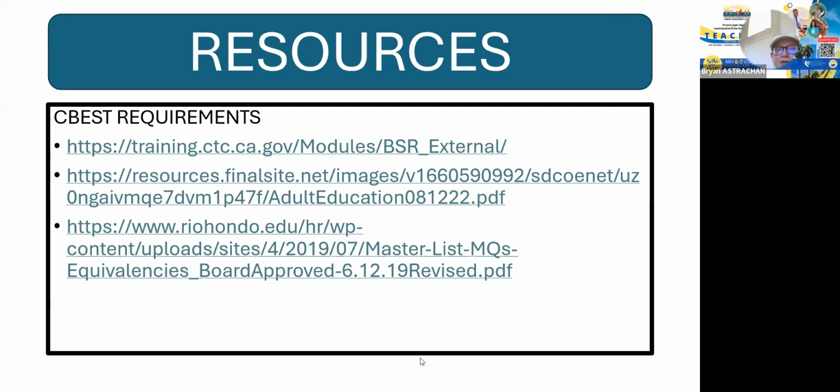Now, I know that there's a lot of people that are wondering about the CBEST test. So I have some resources here, and those resources can be in the chat. We're going to have them available for you so that you can get the information about the California Basic Skills Assessment Test.